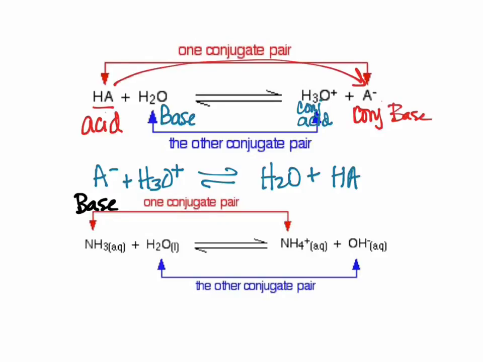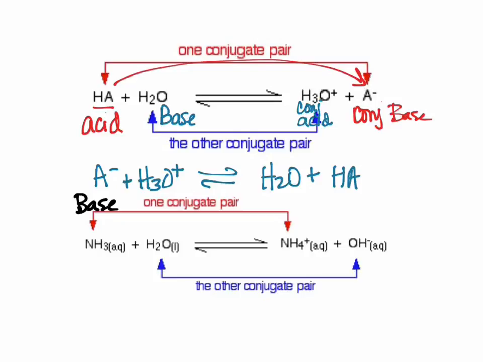So the conjugate base, when I reverse the reaction, now becomes the base. They just flip each other around. It's not amphoteric. I see what you're saying, but it's just the conjugate. It's just what happens when it loses a proton. It's not acting both like an acid and a base.